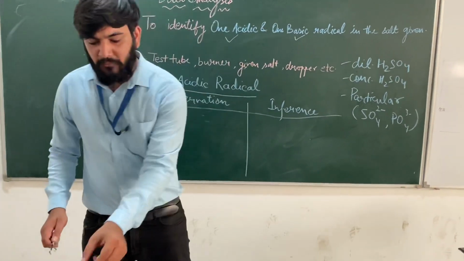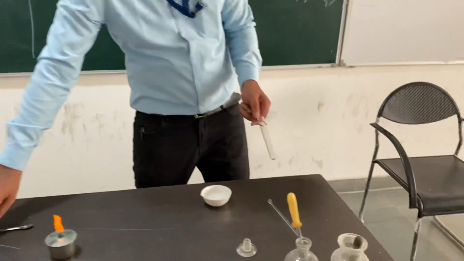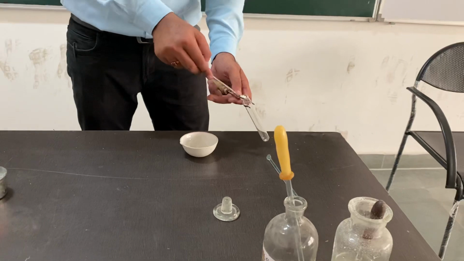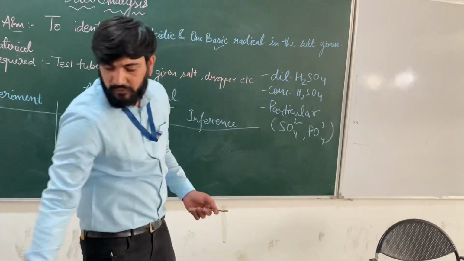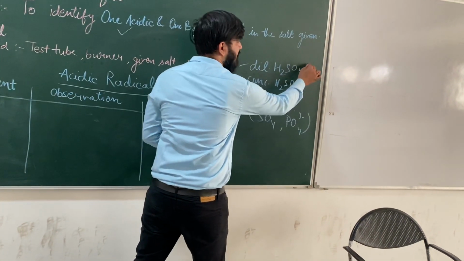Okay. Now again what I am going to do, I am taking a dry test tube again. I am again taking a part of salt. Now we will move to concentrated H2SO4. Dilute H2SO4 has not given anything to us.